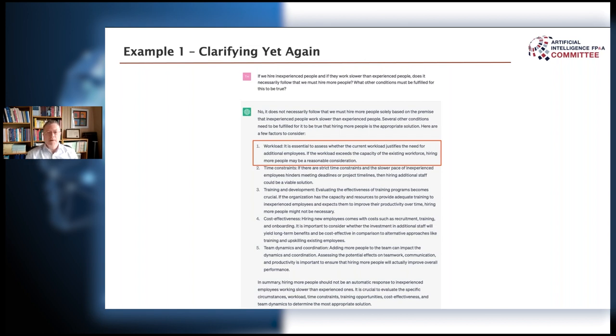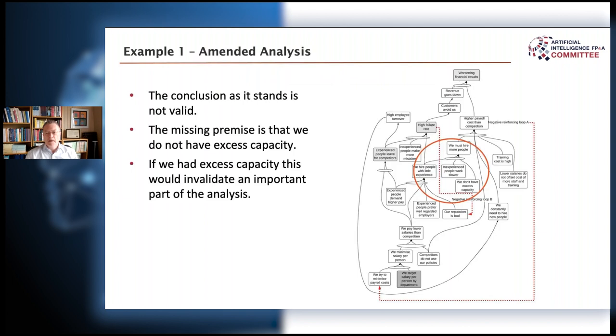And now we discover that in our analysis here, we've been tacitly assuming this, that we don't have excess capacity. Because for this to hold, if we had lots of overcapacity, it wouldn't really matter. Hiring people with little experience and them working slower, it wouldn't really matter.